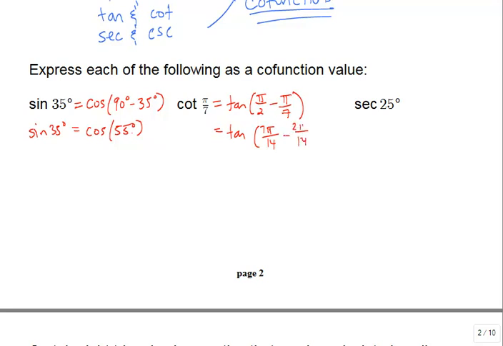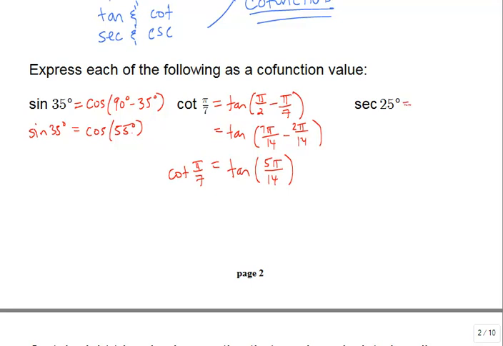And this would be 2 pi over 14, which is equivalent to pi over 7. So now that I have that common denominator, I can subtract. 7 pi minus 2 pi makes this 5 pi over 14. So cotangent of pi over 7 has exactly the same value as tangent of 5 pi over 14.